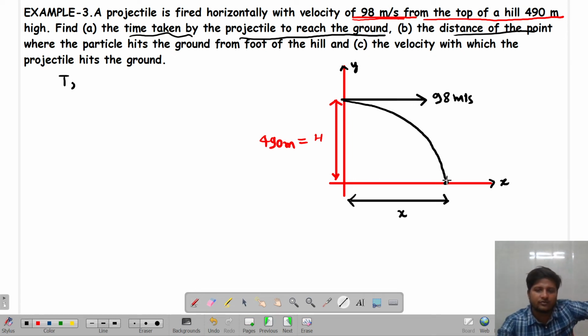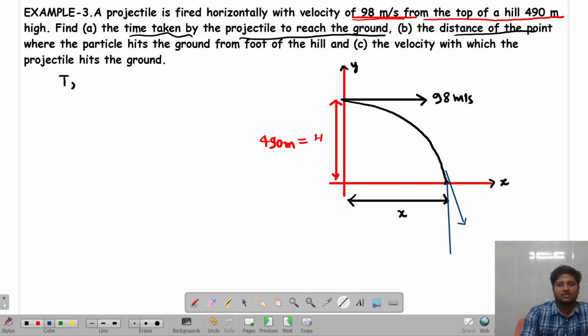Okay, so now look over here at this point. If I draw the velocity vector, it is having two components, yes or no? It is having two components like this way. This is the velocity vector over here. Now it is making two components, one inward of the ground, that is v sin theta.